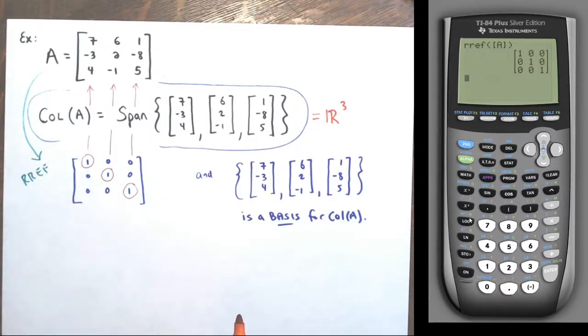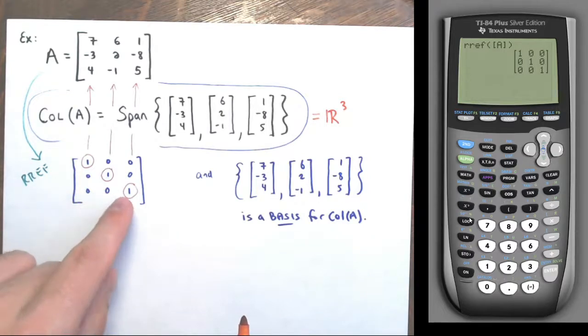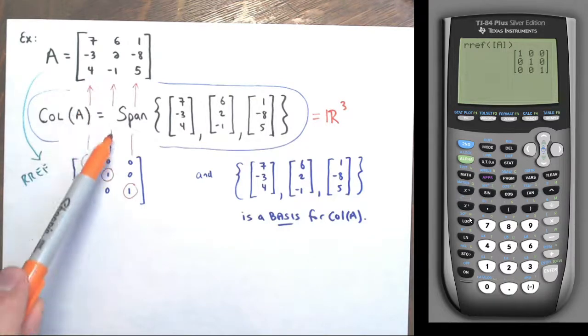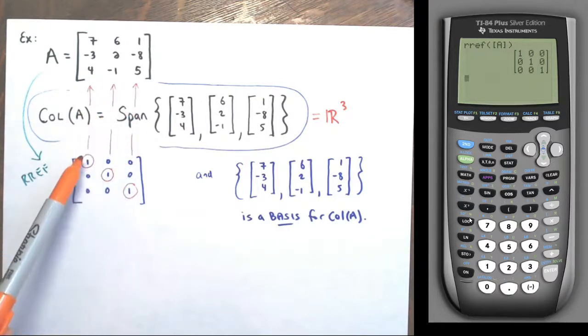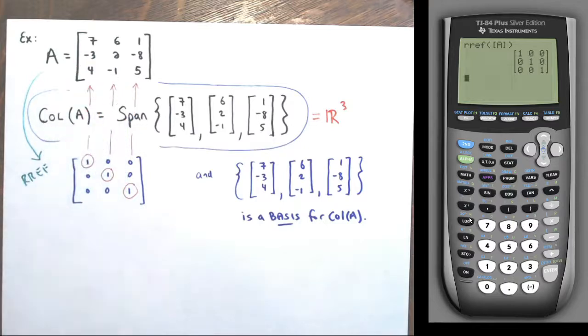You saw in the last example, you shouldn't just take the pivot columns of the reduced echelon form and make that your basis. So it would have been okay here, but in most cases, it might not be, like you saw with the last example. So just go back to, make it easy on yourself, the corresponding vector from the original matrix.